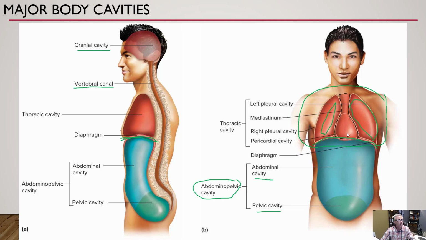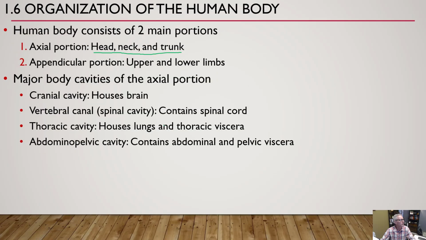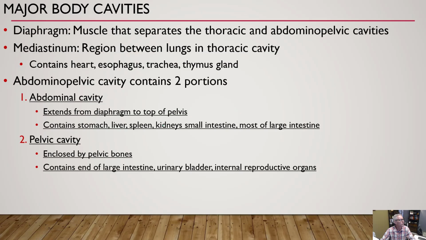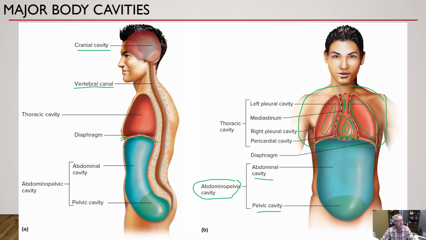Then you have your pericardial cavity, which contains your heart. Cardio means heart. And then you also have your mediastinal cavity. And if we go back up one, where is it? Mediastinal cavity: heart, esophagus, trachea, thymus gland. So your mediastinal cavity also contains your pleural cavity as well.